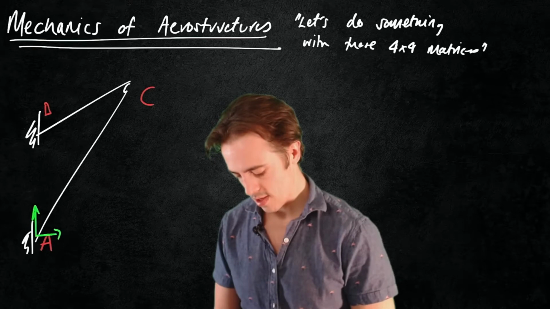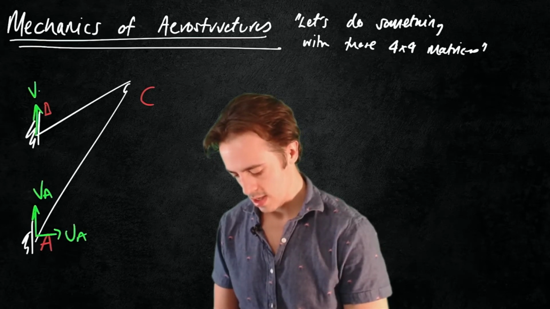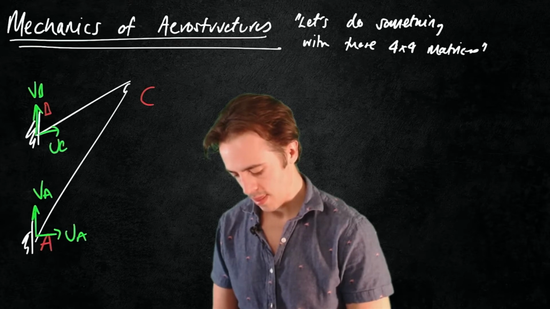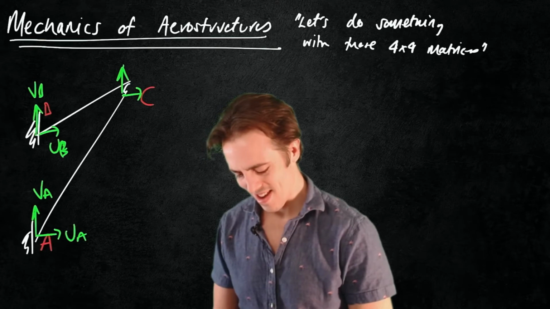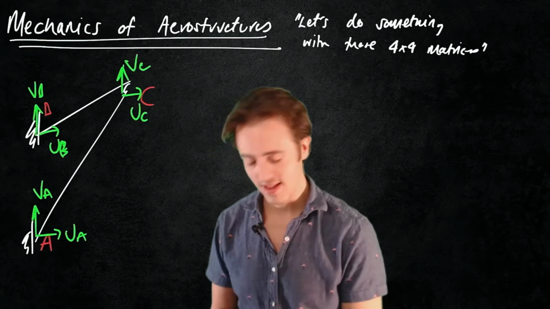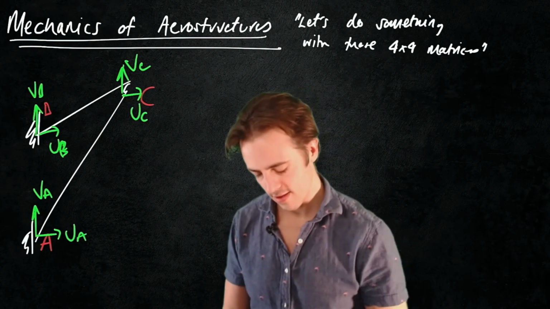So we have VA, UA, VB, UC, sorry, VB and UB, UC, and VC. So there are 6 global displacements, and that gave us a 6x6 stiffness matrix.